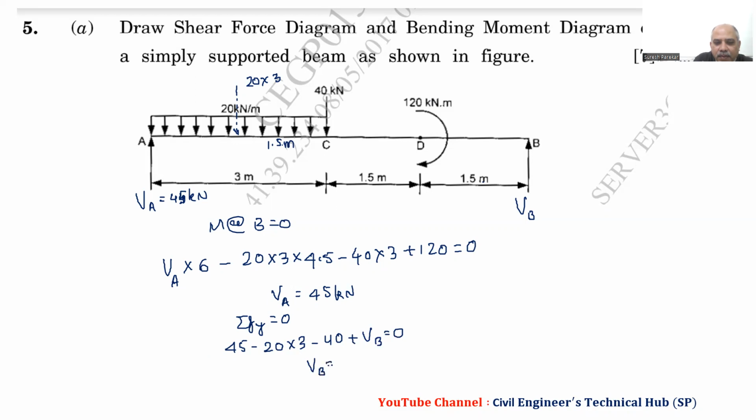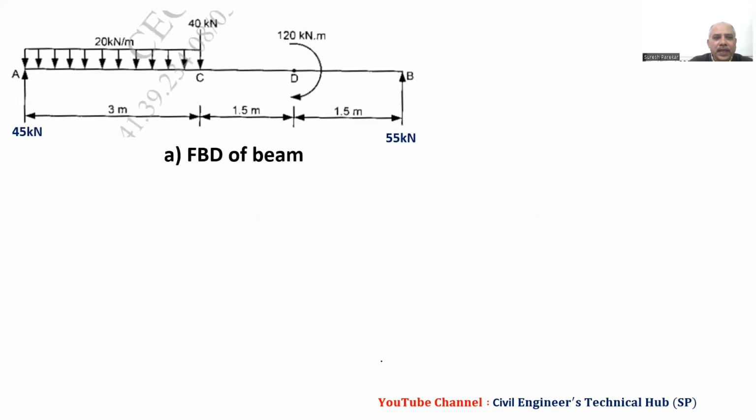And we will get VB equal to 55 kilonewtons. Now we know VA is 45 and VB is 55 kilonewtons. Now we have to plot the SFD.